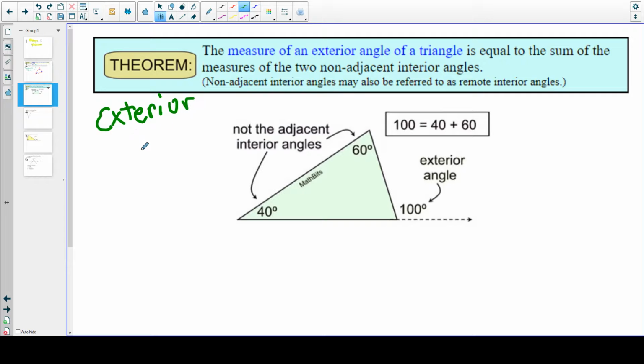The exterior angle theorem. Okay? And all that means is, the measure of the exterior angle, you know what, I'll highlight it for you. This is our exterior angle. The measure of the exterior angle of any triangle is equal to the sum of the angles, and just to remind you, sum means to add.